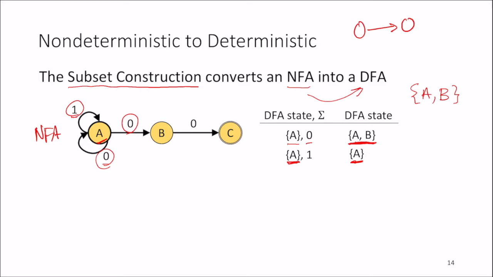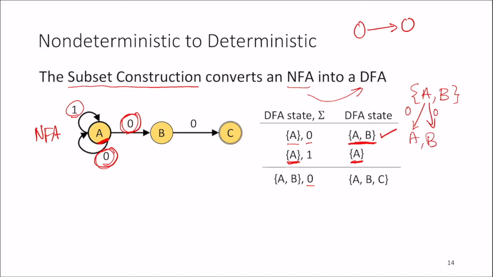So now let's look at this state AB. If I'm either at A or B, and I take an input symbol 0, let's examine what can happen. On A, if I have input symbol 0, we already know that A is ambiguous. On an input symbol 0, it can either take this transition back to itself or go to B. So it has 2 options.